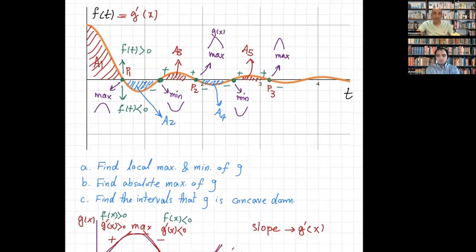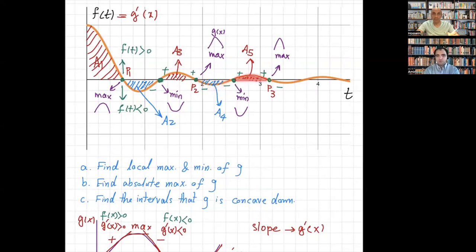So to answer the second part, part B of the question, which is asking for the absolute maximum of G, based on what I explained, the absolute maximum happens at P1. Yes, that's correct. And the reason is that, for example, A2, which is blue here, is greater than A3, and the area for A4 is also greater than A5.